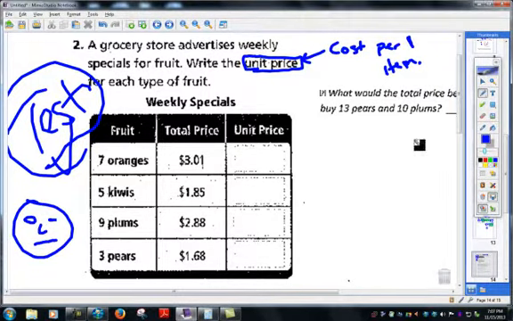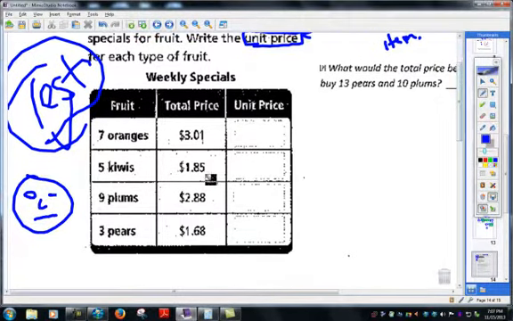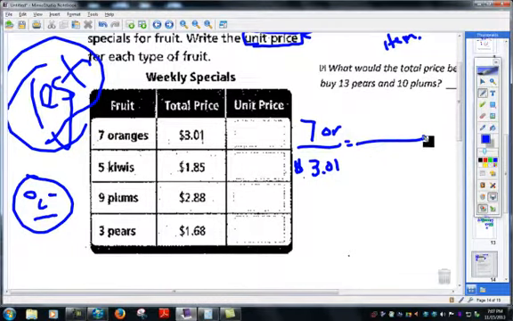Okay, so here's the deal here. I want to find the unit price. So I know that 7 oranges cost $3.01, but I can't write it like this. Again, unit rate has to have the one in the second term. So right now, if you're asking how much 1 orange is, this isn't unit rate anymore.